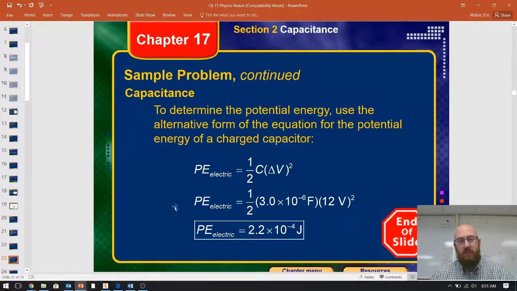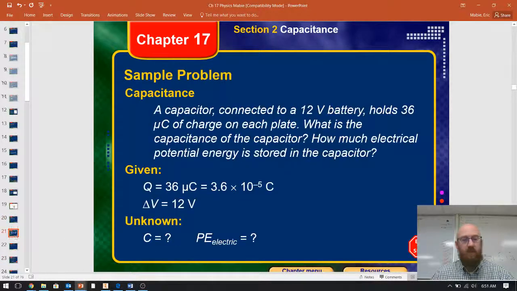Potential energy. We're going to come back and start using joules again, and you'll start seeing this again. So actually, let's just go ahead and do this. There it is. A capacitor connected to a 12-volt battery holds 36 microcoulombs of charge on each plate. Again, reading is going to become important. So now you have microcoulombs on one plate.